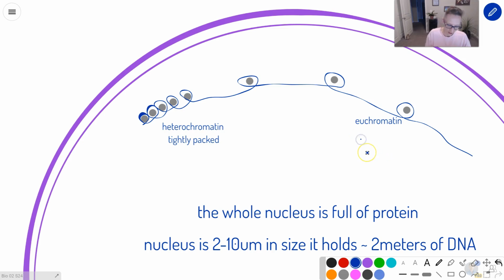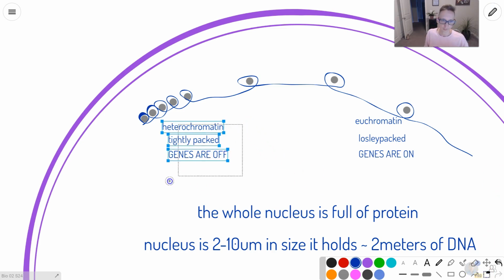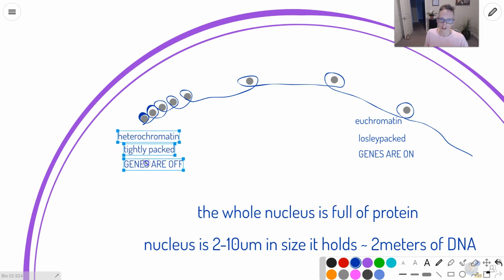This is loosely packed. When loosely packed, genes are on. They're able to be on. When tightly packed, genes are off. Okay? So this is one way that we can regulate gene expression.